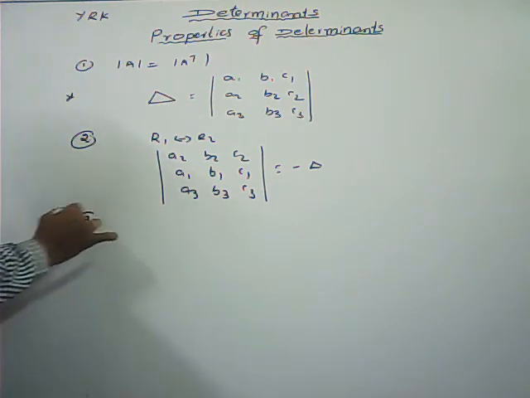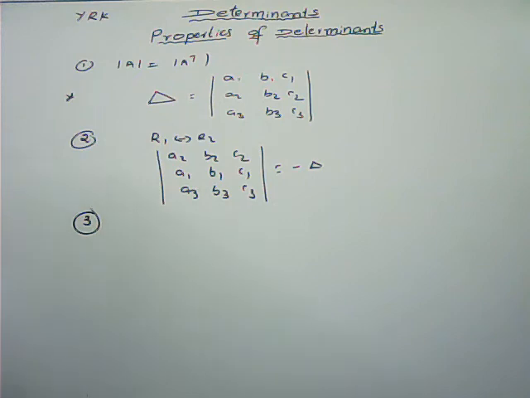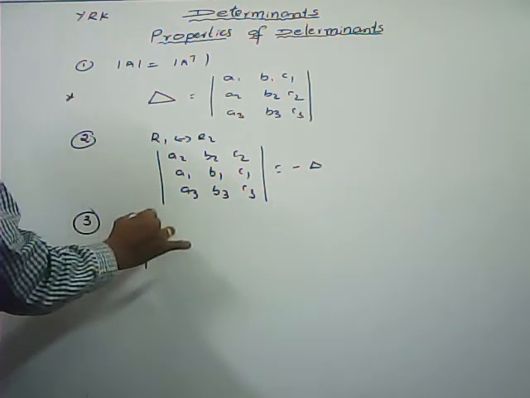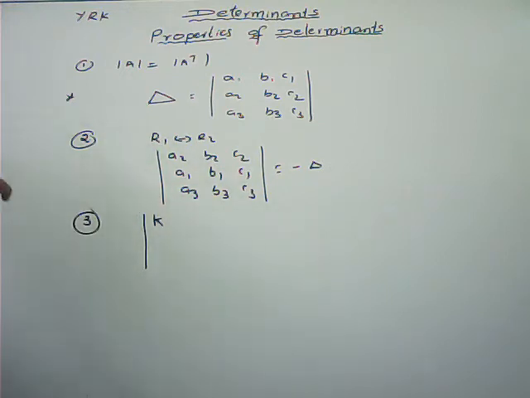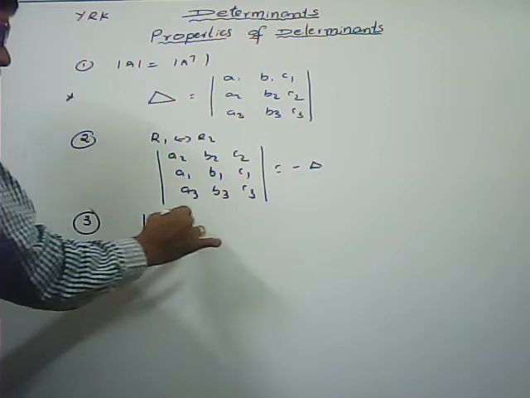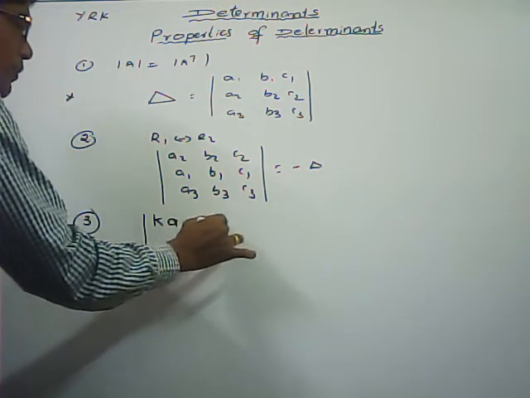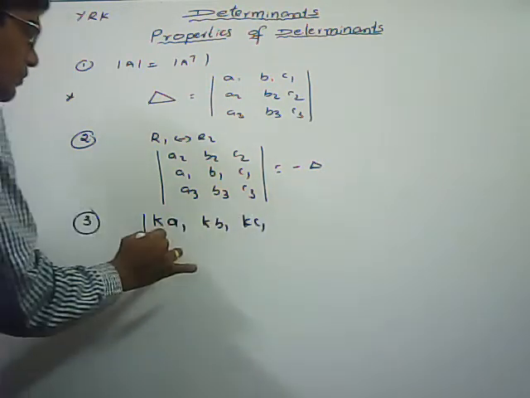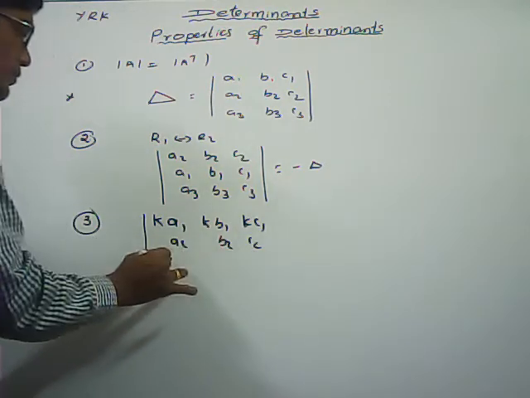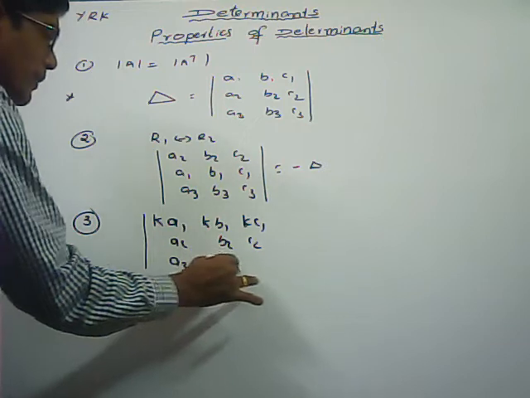Third one, every element in a particular row or column of the determinant is a multiple of k: ka1, kb1, kc1, a2, b2, c2, a3, b3, c3.